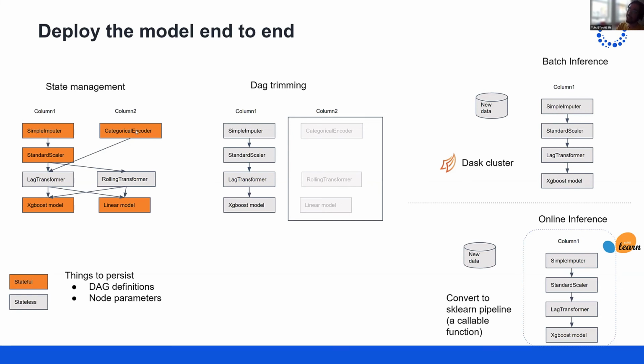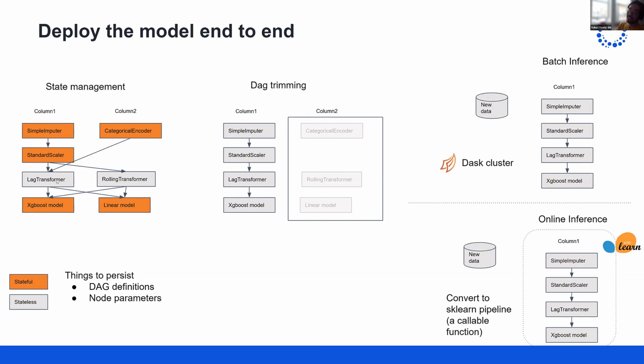For example, a categorical encoder needs to record the actual mapping from your human readable label to the machine readable label. So it comes with parameters, and these need to be packaged together with this particular node in the DAG. And of course, those models also come with parameters. How you construct those decision trees, these are all parameters that are going to be shipped with this particular node in the DAG as well.